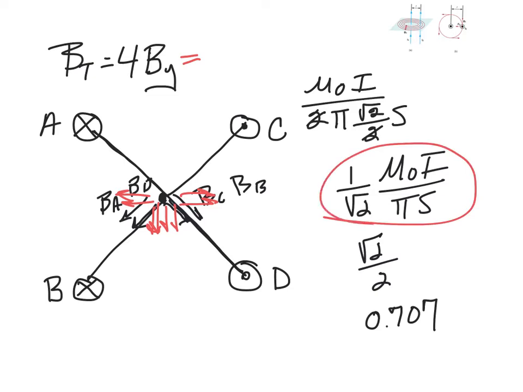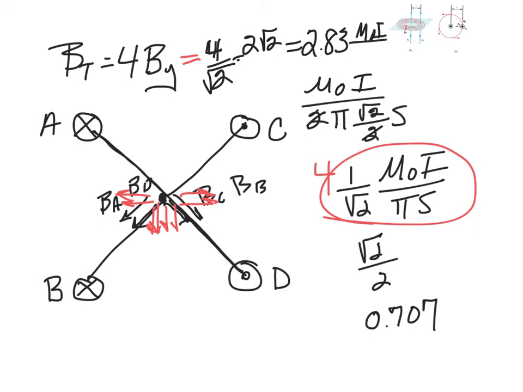The magnitude of 1 times 4. So if we multiply this by 4, we're going to get 4 over the square root of 2. Yep, 4 over the square root of 2, which is 2 times the square root of 2, or 2.828, 2.83 mu naught I over 2 pi.